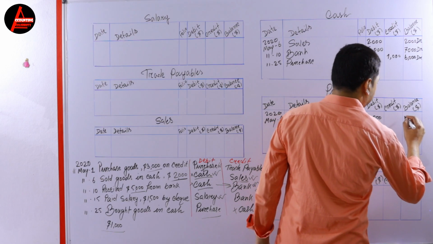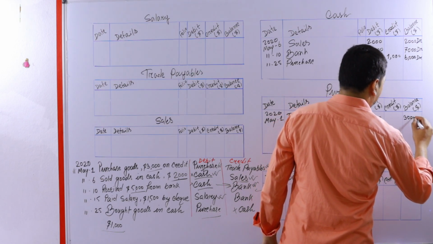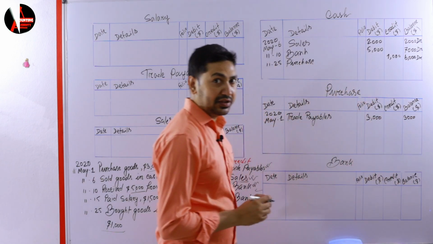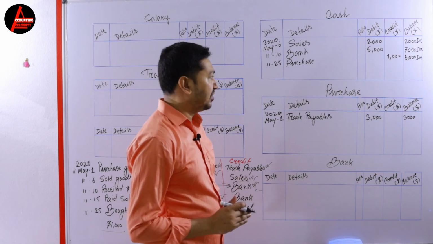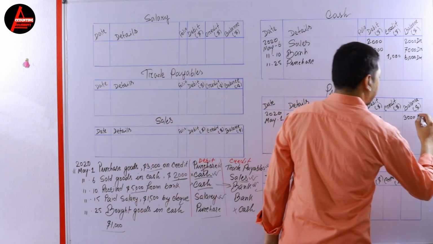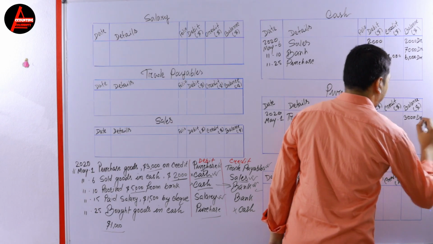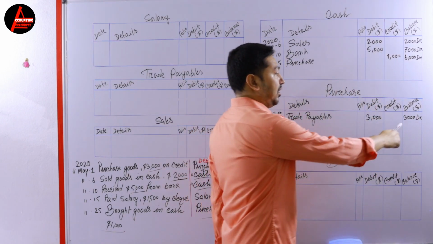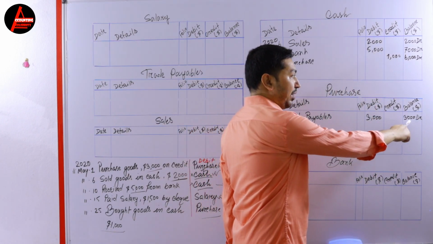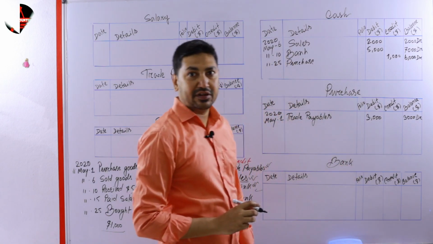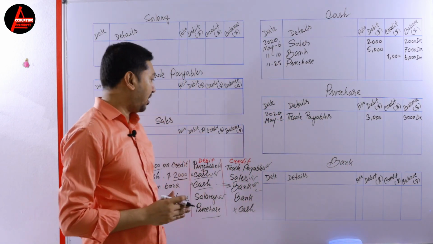So what type of balance is this 3,000, debit or credit? If you say debit, you are correct. Why debit? Because you put this $3,000 on the balance column from this debit column. This is your debit balance.